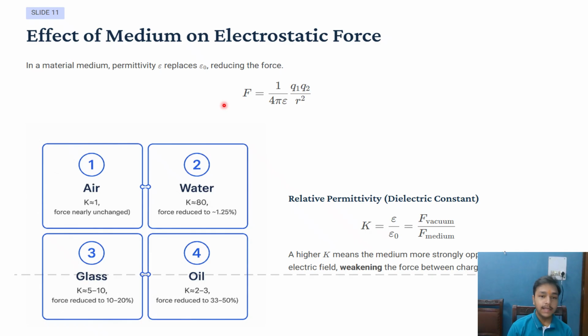So epsilon is the absolute permittivity of the medium and epsilon naught is called the permittivity of free space, which has a constant value given as epsilon naught is equal to 8.85. Let me just write that.